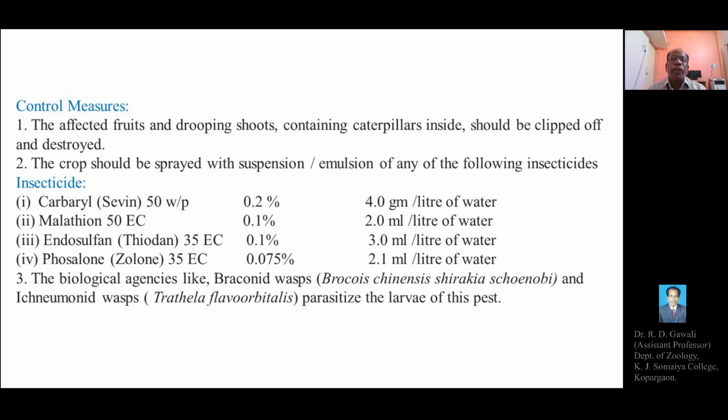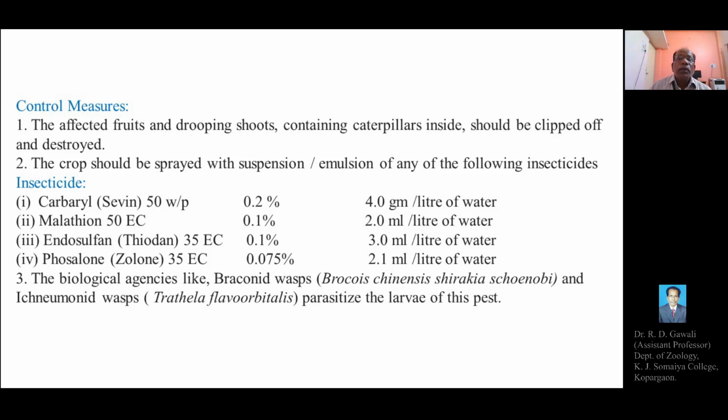The crop should be sprayed with a suspension or emulsion of any of the following insecticides. So there are four different insecticides which can be used for the killing of the brinjal fruit borer in the brinjal crop.